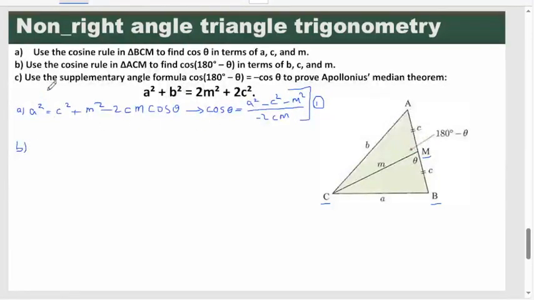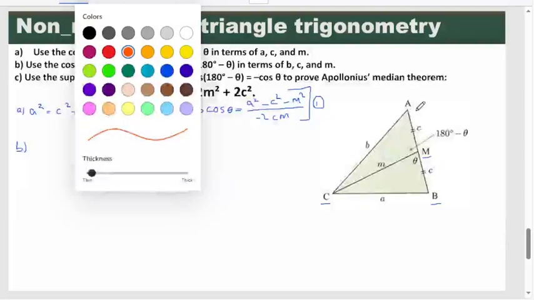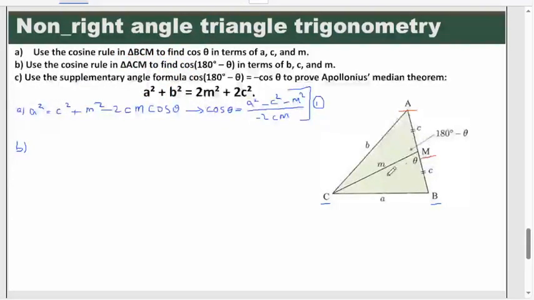For part B, it says use the cosine rule in triangle ACM to find cosine of 180 minus theta in terms of B, C, and M. Let me change my color. Here for this triangle ACM, I am going to find the cosine of this angle 180 minus theta.